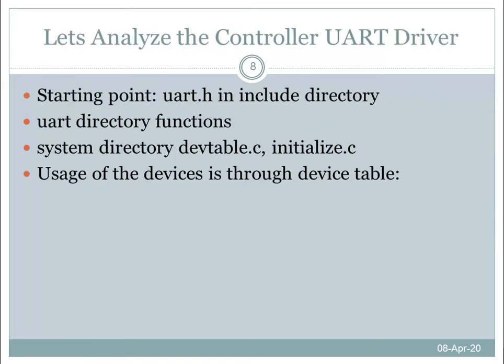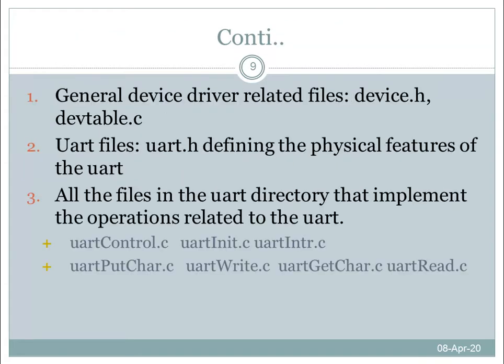Let us analyze the UART controller drivers. If I want to define the UART drivers, what should I take care of? The starting point is the UART directory function, the system directory, and the use of the devices through the device tables. The general device driver related files we have to write are device.c, device.h, and UART.h, the definition of the physical features of the UART, and all the files in the UART directory that implement the operations related to the UART.